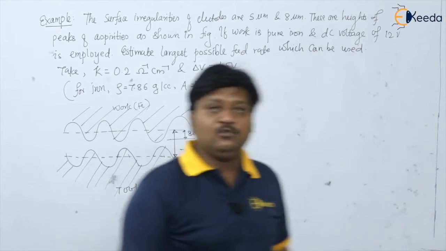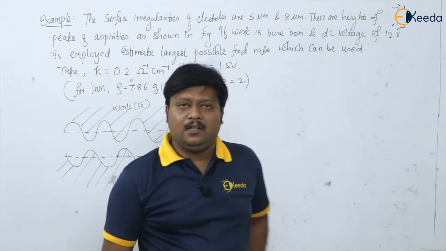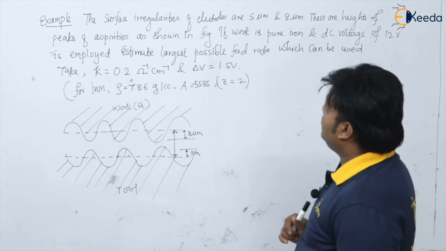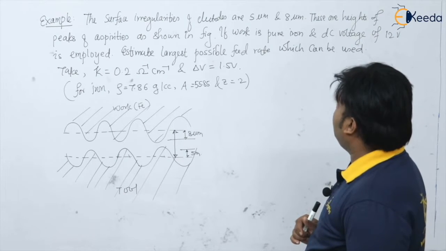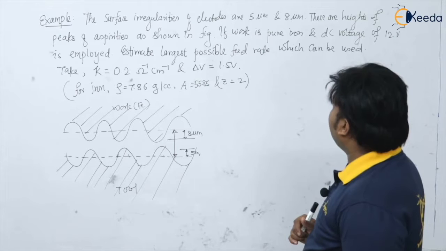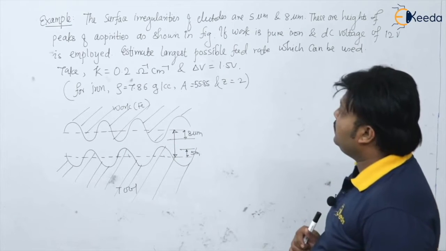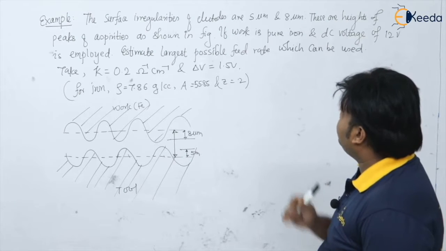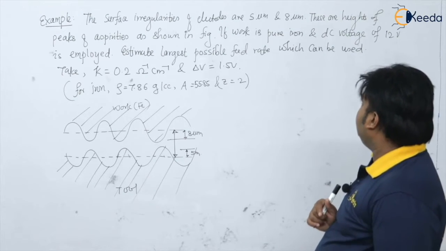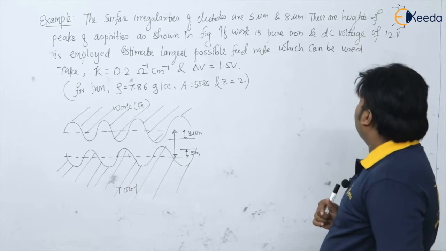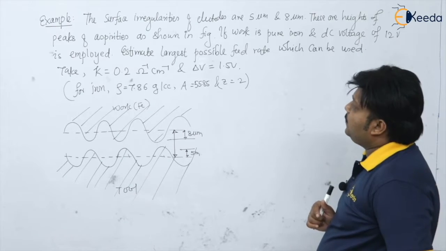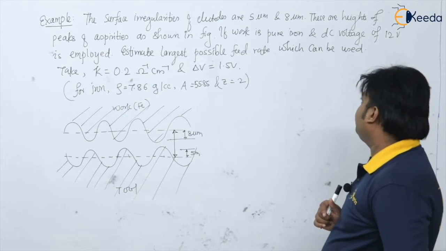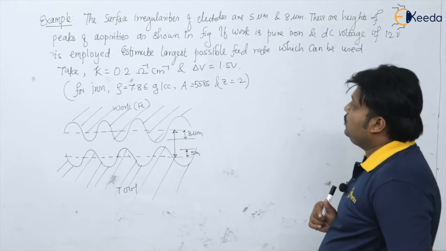Okay, so dear student, let us discuss this last question on electrochemical machining. The surface irregularities of the electrodes are 5 micron and 8 micron. These are heights of the peaks of asperities as shown in the figure. If the work is pure iron and DC voltage of 12 volt is employed, estimate the largest possible feed rate which can be used.